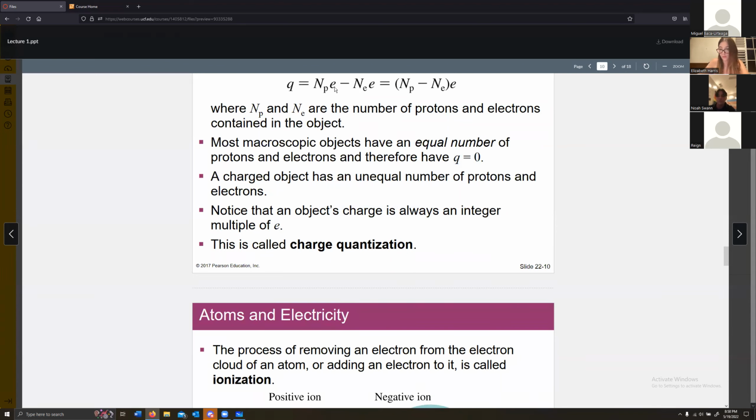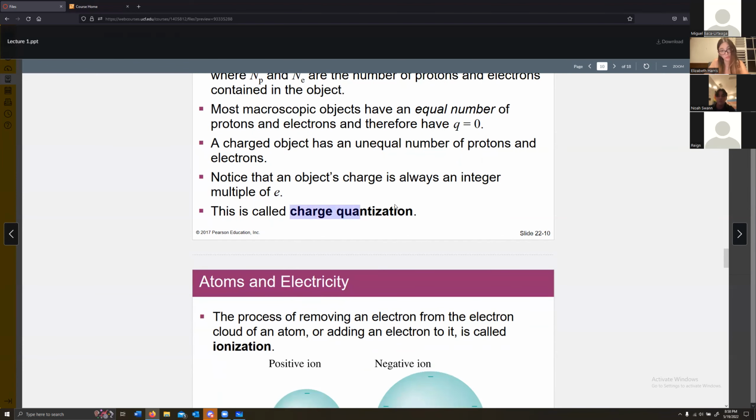So in this instance, unless you want a gross net charge, you would plug in the value for e. If you just want a cleaner version, you would keep e as a variable, solve this, and keep that as like 7e, so there you go. This is called charge quantization.